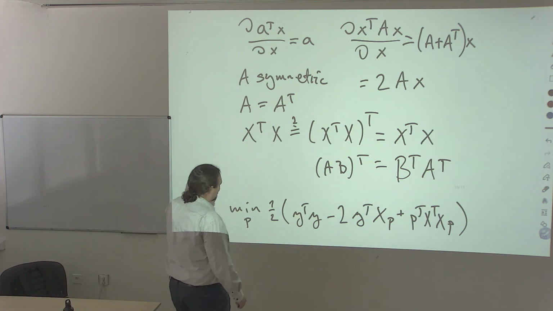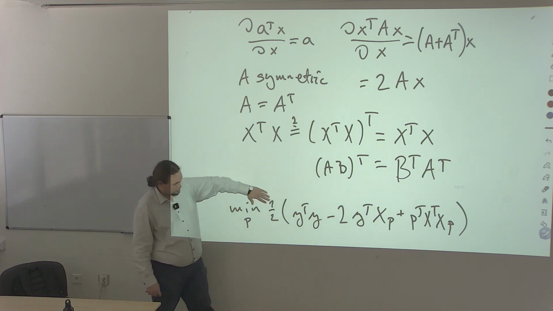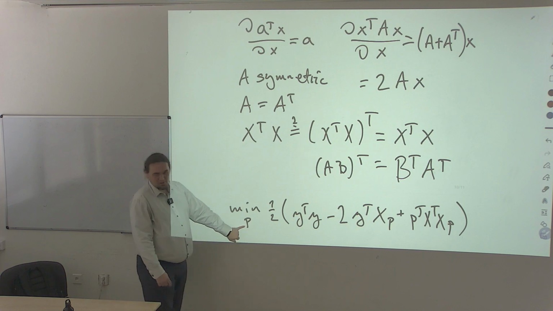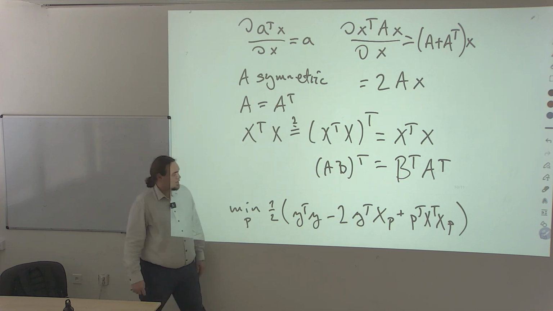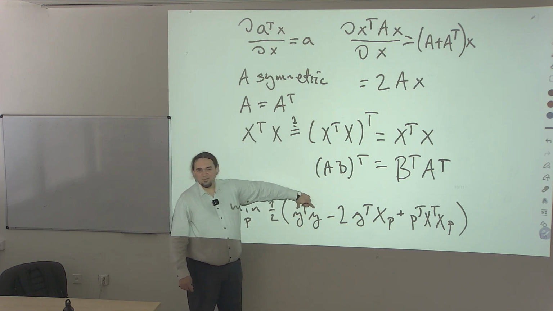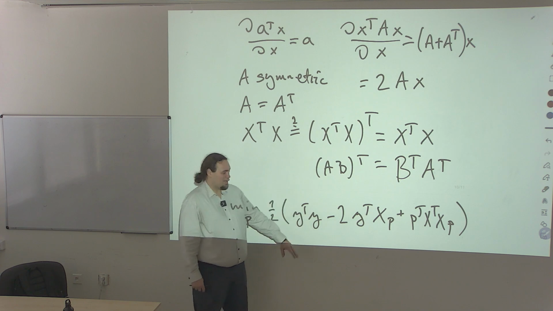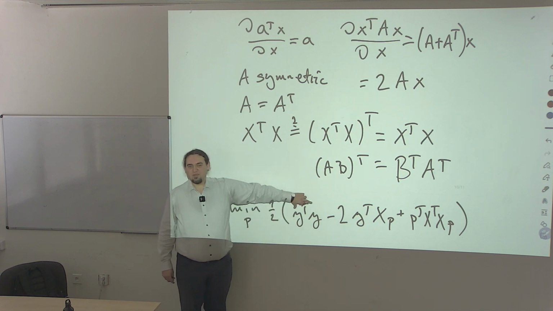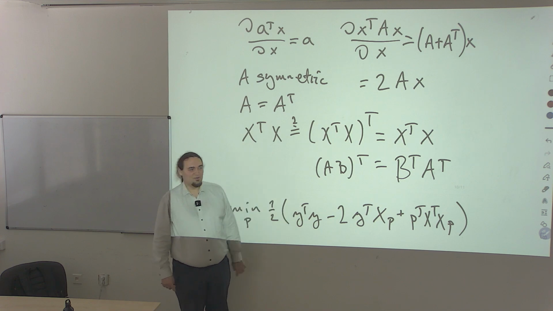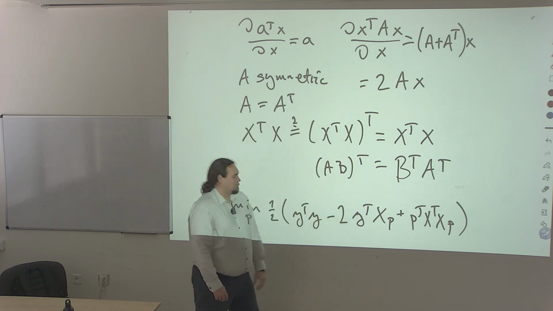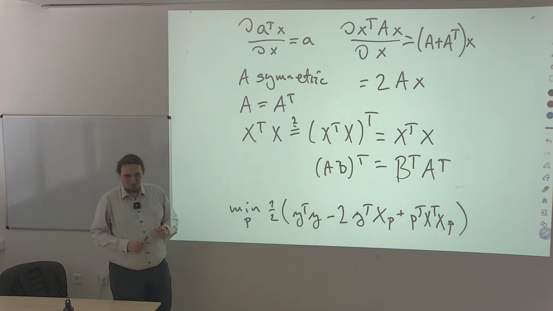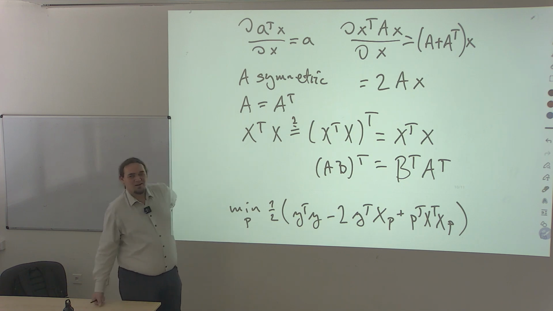Good. So let's do the differentiation of this term with respect to the vector p. I do the first part, you do the rest. There is no p here, the derivative of the y transpose y is 0. The second part, which of the formulas here can we apply?